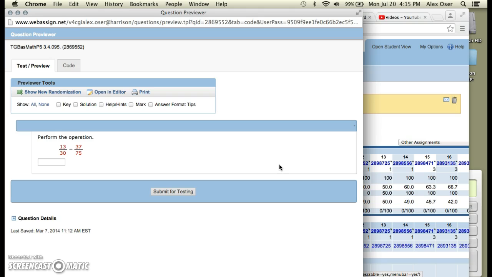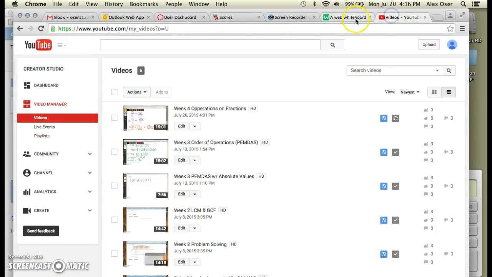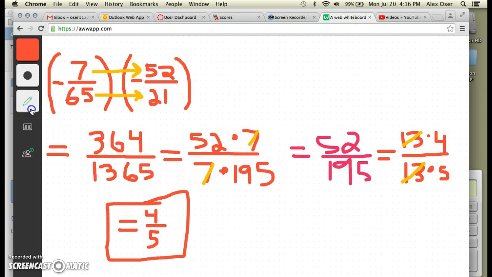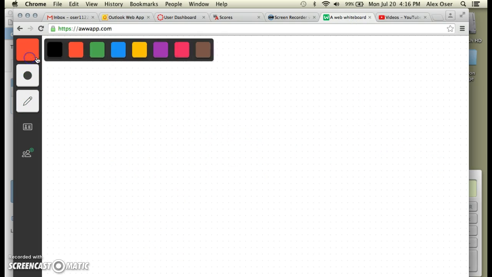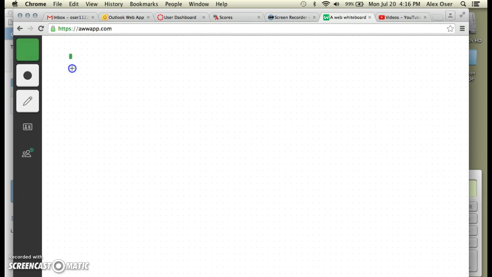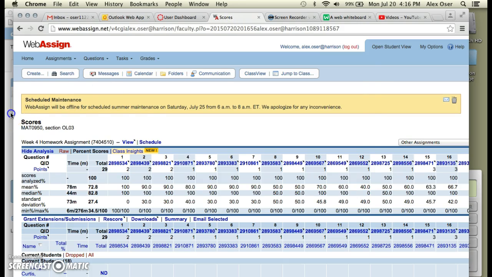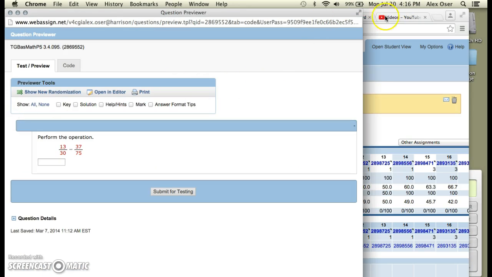So we can see here that we are subtracting two fractions. We have 13 over 30 minus 37 over 75. So let's clear our board. A new color here. So we have 13 all over 30 minus 37 over 75.